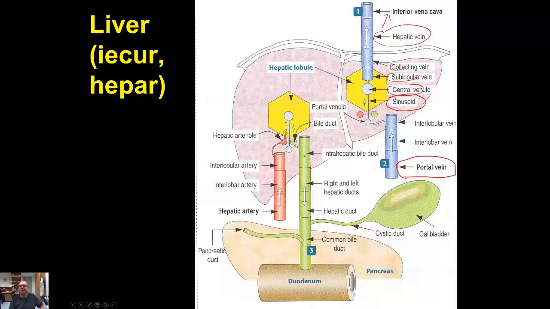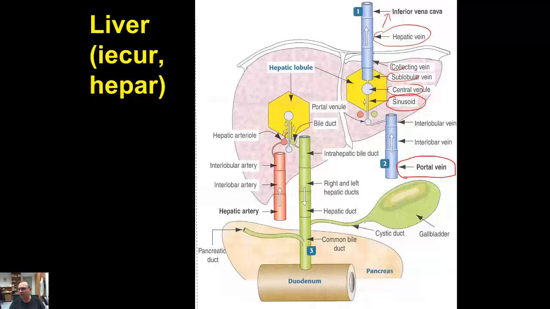Bile ducts begin in the liver as bile canaliculi. They begin at the same level as the sinusoids, that means in the hepatic lobule. Then there are several levels of intrahepatic bile ducts which join to form extrahepatic bile ducts, right and left hepatic duct, then the common hepatic duct, cystic duct, which is here, and the choledochus duct.